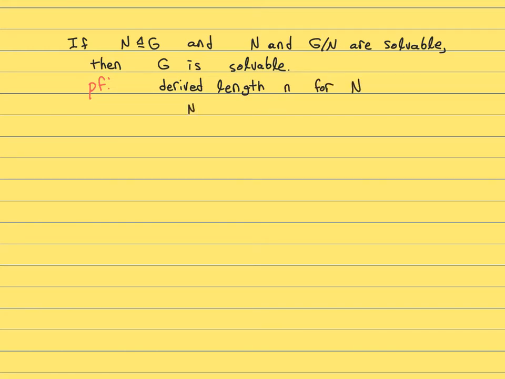So in other words, the nth derived subgroup of N is trivial. And you look at the derived length for G mod N. The derived length, we're going to suppose it's m.